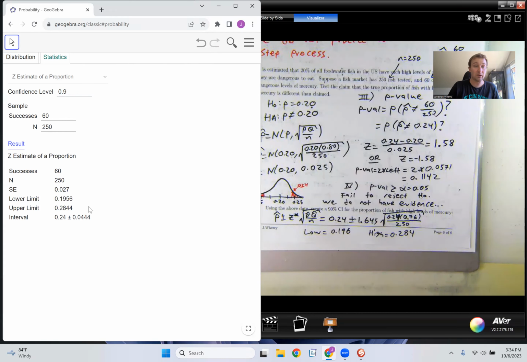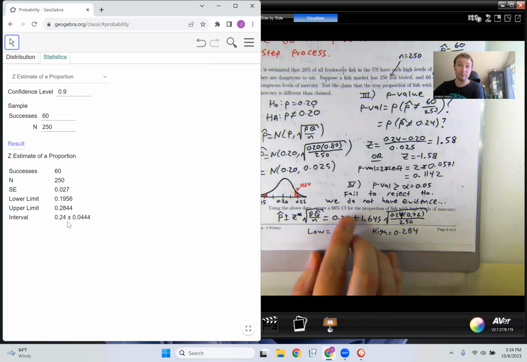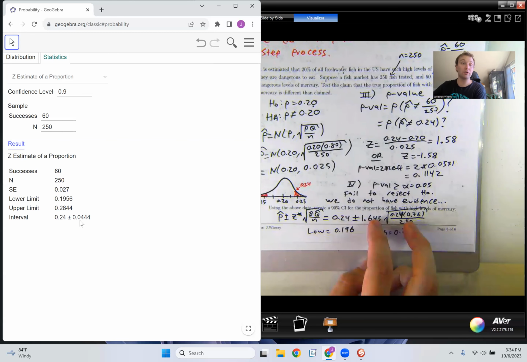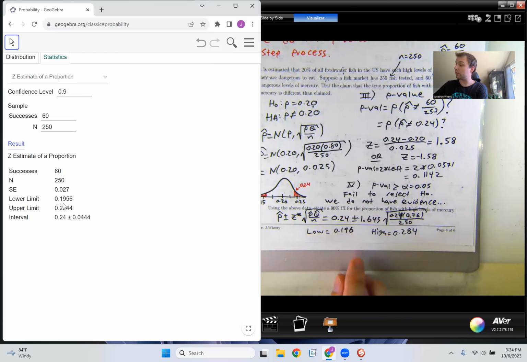It gives me an interval of 24% plus or minus a margin of error of 0.044. This gave me a low value of 19.6% and a high value of 28.4%. Estimates are used for intervals. Tests are used for hypothesis tests.